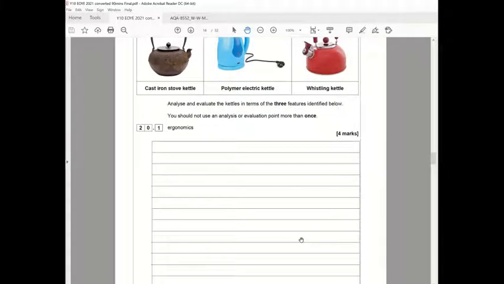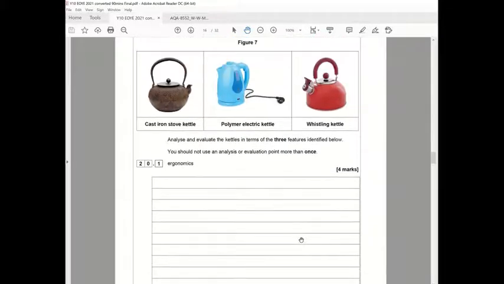So we've got ergonomics. Ergonomics is not about anthropometrics. It's about how you're interacting with the product. So with this one, you're going to get burnt. I would have thought this is going to heat up and it's going to hurt your hand. Maybe you get two hands on it. Maybe that's a good thing. With this one, the ergonomics, you can hold away from your body. It looks like it's got some sort of shaped handle.